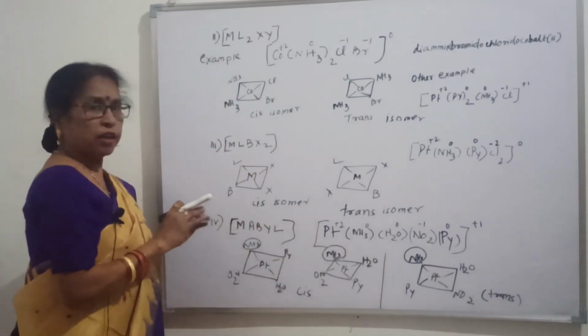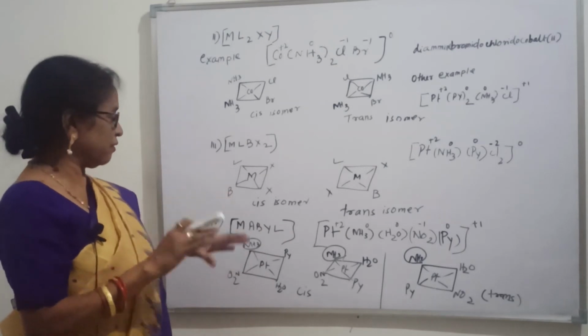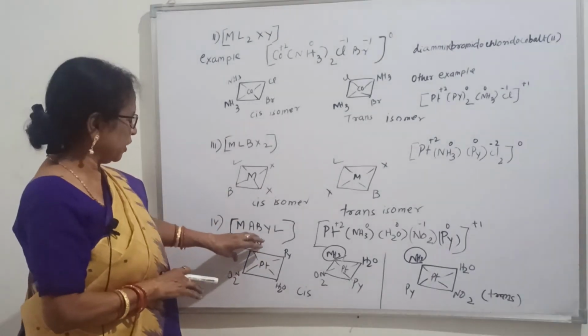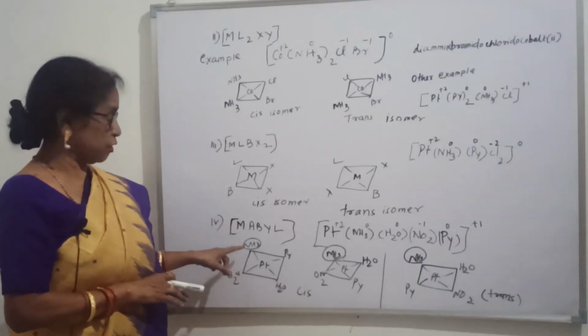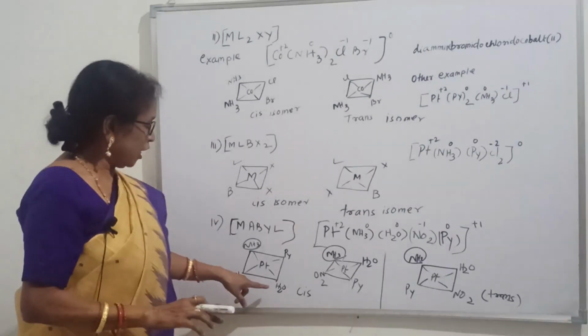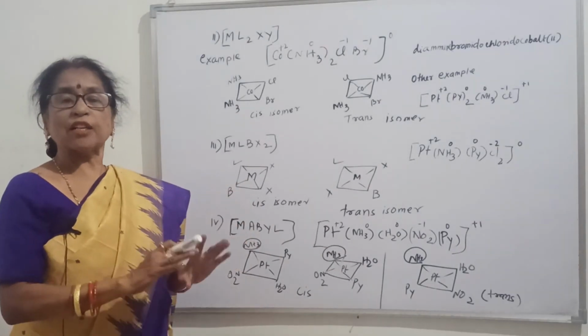Again try to understand here correctly. A, B, X, L, 4 ligands are different. That is why you fix ammonia, any ligand you fix here, and write the other ligands, and see what ligands are present here: NH3, NO2, that means cis. Only you can change this one. Yes, it is changed. So there are 2 types of cis isomers.